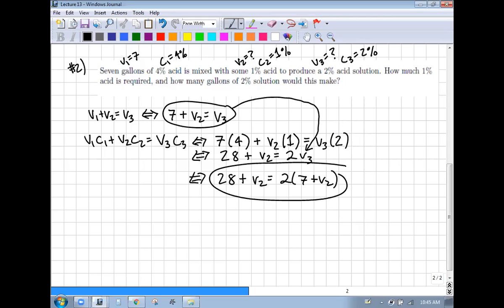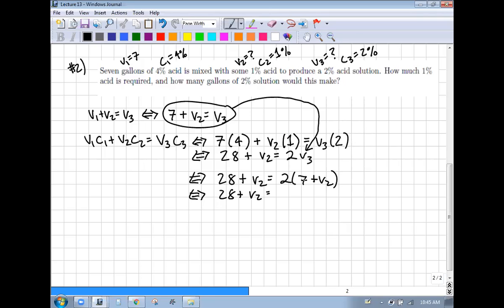That's the trick. Whenever you have 2 unknowns, you have to have 2 independent equations, and then you can solve for both variables. You just have to substitute one equation into the other. So what we did is we got rid of V3. We rewrote it in terms of V2. And so now all I have is V2s, and I can solve for V2 now.